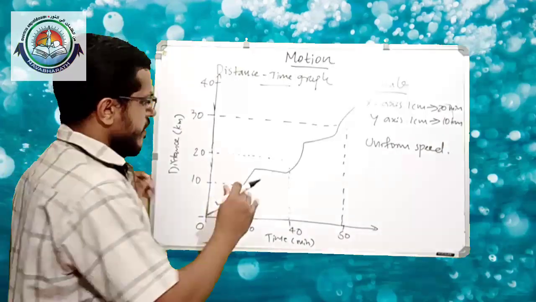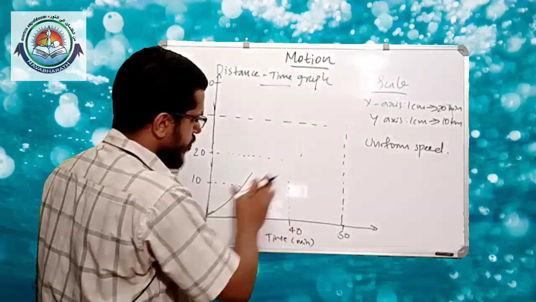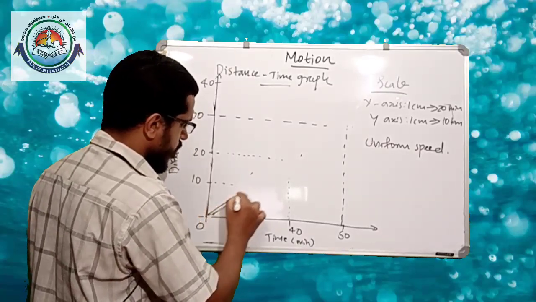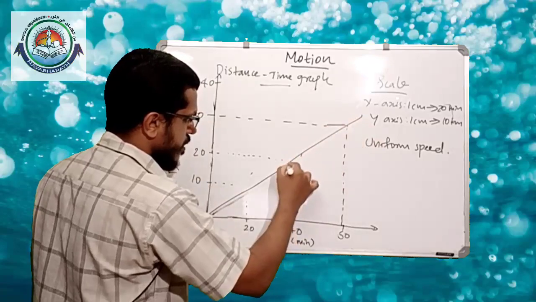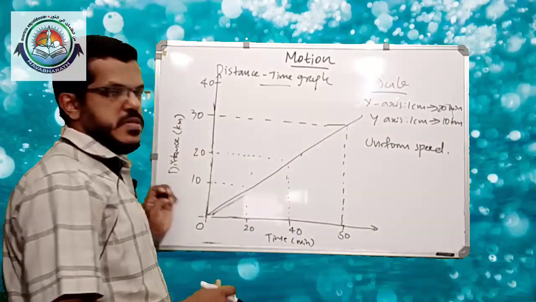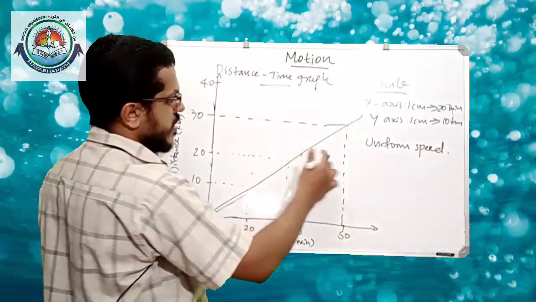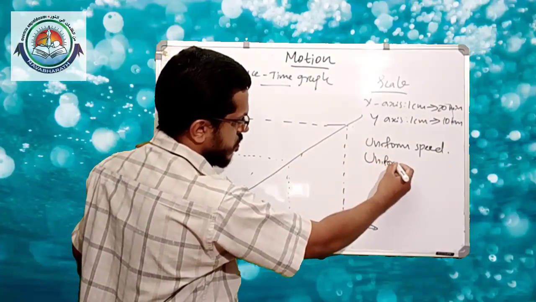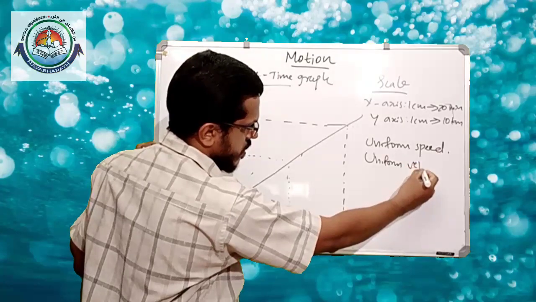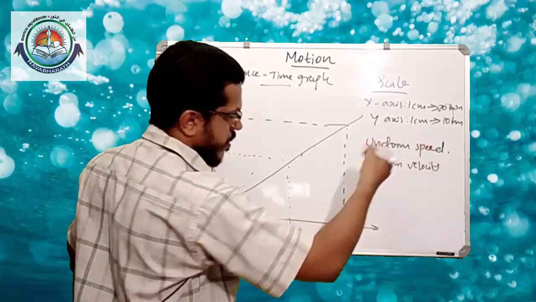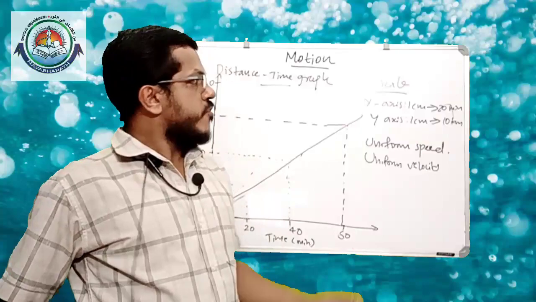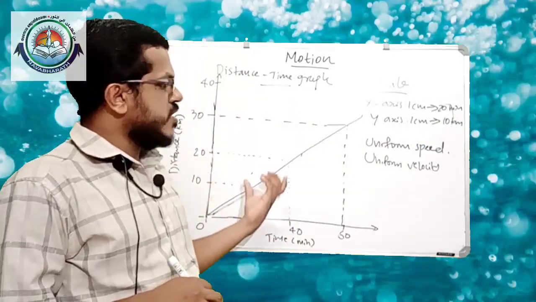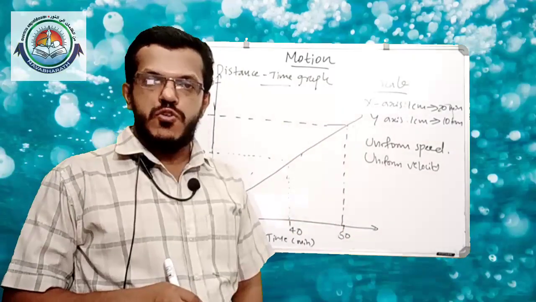For uniform velocity it is also a straight line, where distance and displacement are equal, so we can say the motion of the object is in uniform velocity also.